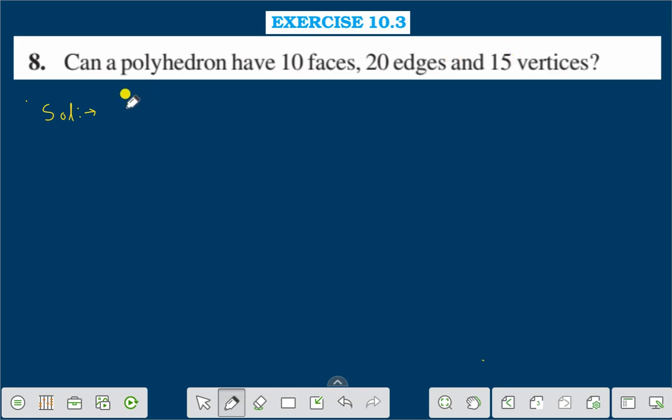Here it is given that number of faces, that is F, is equal to 10.